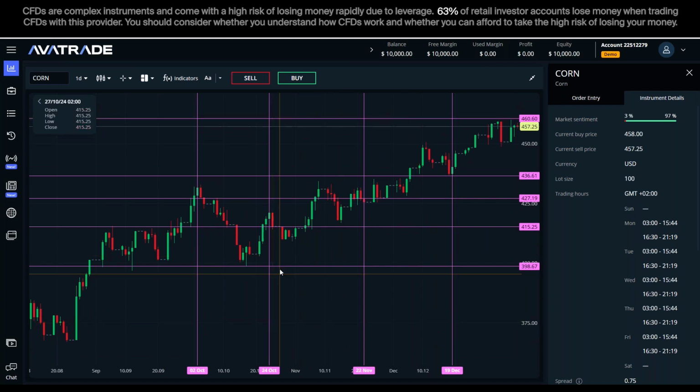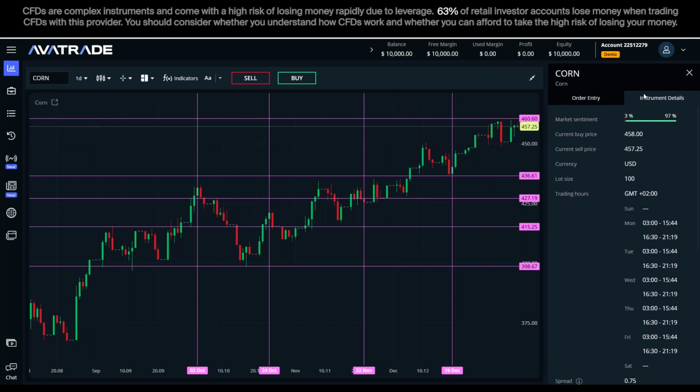Corn since October rose 12%, right? Sorry, 15%, even more than that, and it's quite a lot. Okay, even more than that. So let's get to analysis later.